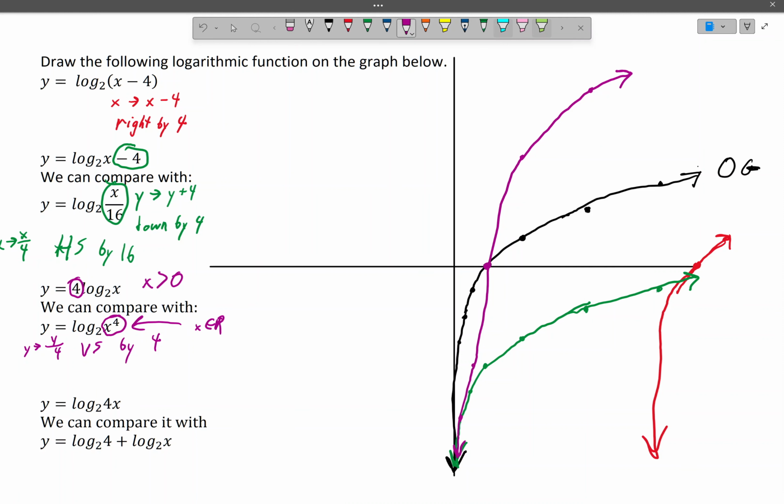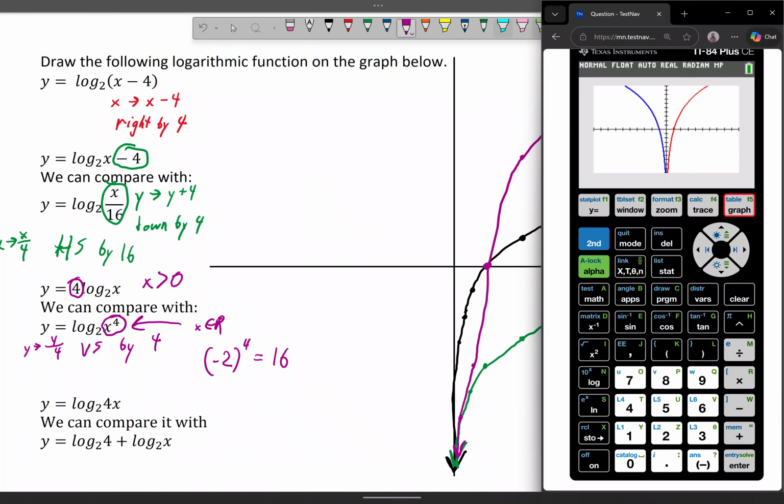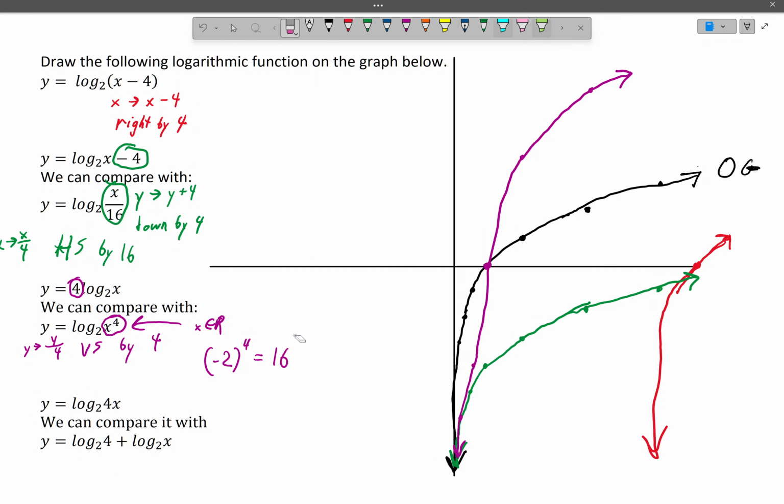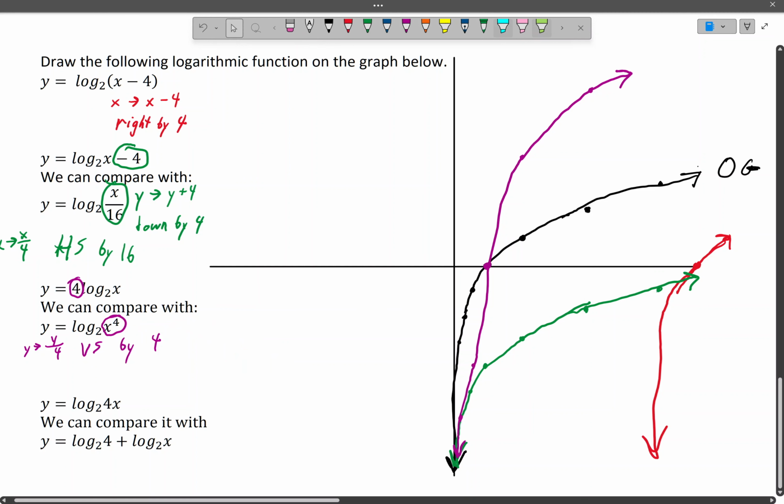And this is because even if you have a negative in there, like -2, when you do it to the 4, you're going to end up with a positive result of, in this case, 16. So positive or negative gives you a positive result. In that case, the log works just fine. So interesting, they're the exact same except for that one little detail, the domain. Okay, so let's continue on to our last one.